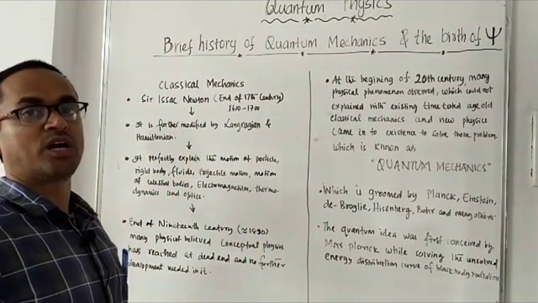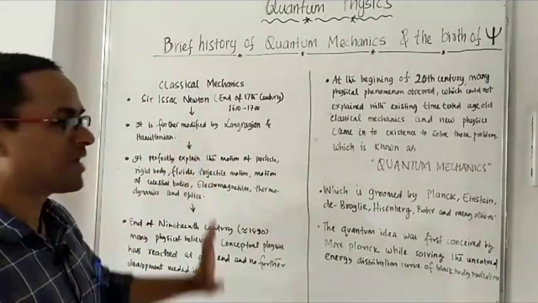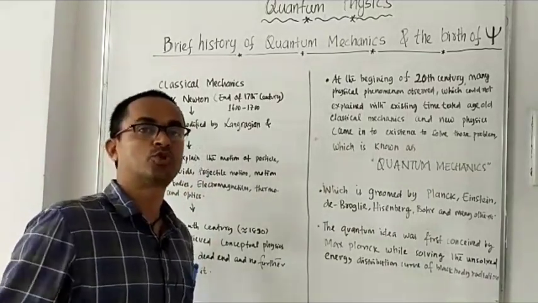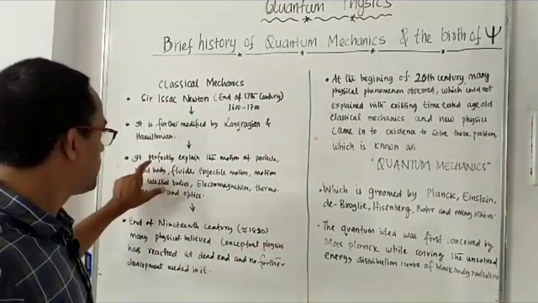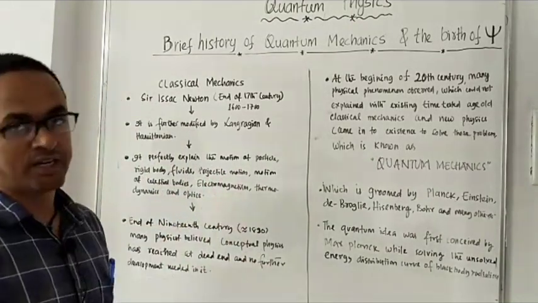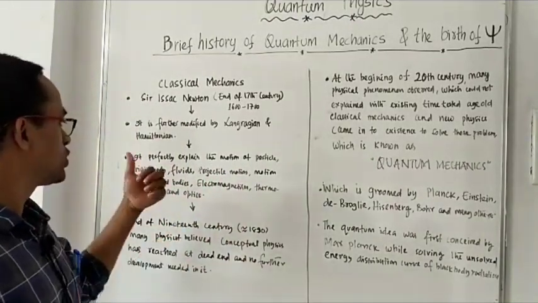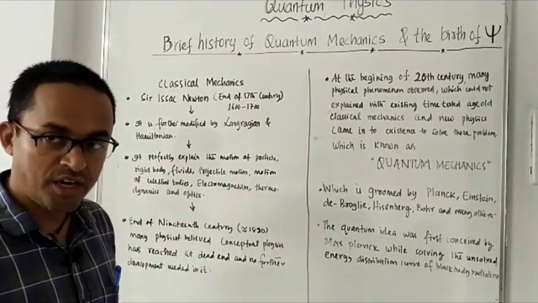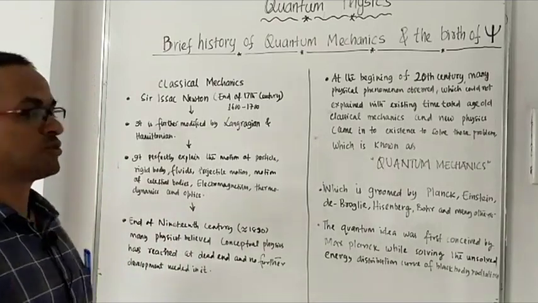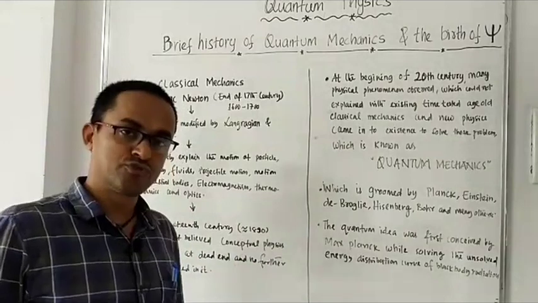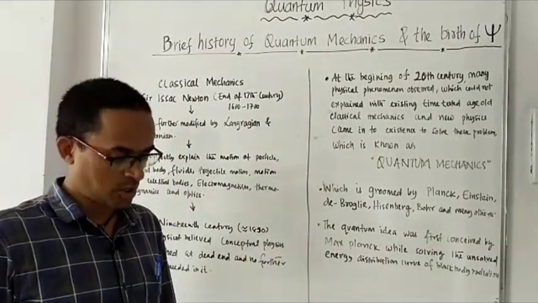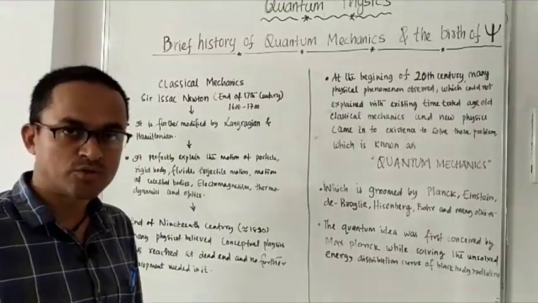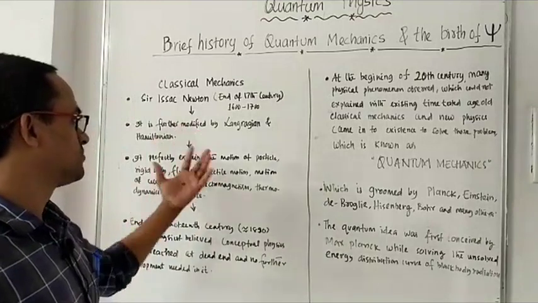But the most important and interesting fact is that classical mechanics was able to explain all the physical phenomena happening around us: the motion of particles, rigid bodies, fluids, projectiles, and celestial objects like planets, satellites and asteroids. All these motions can easily be explained by classical mechanics.